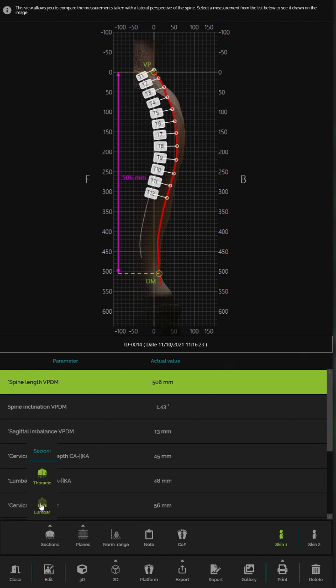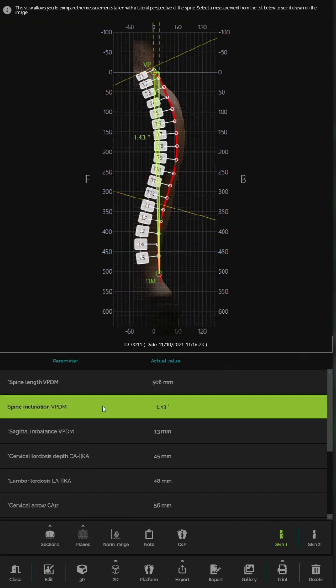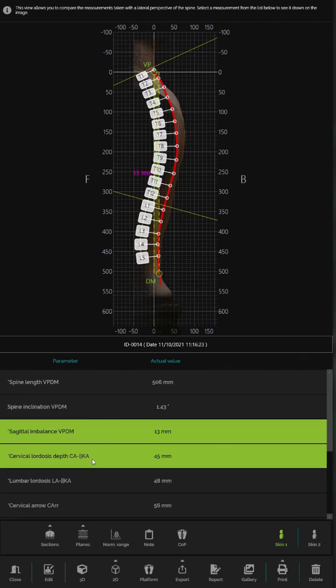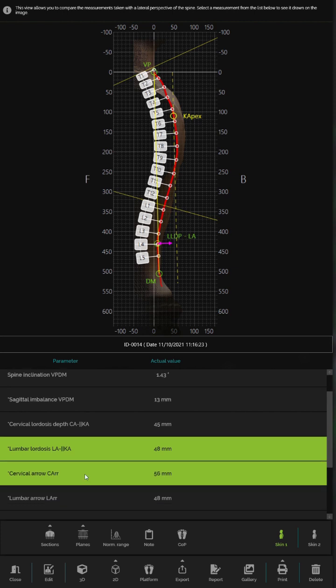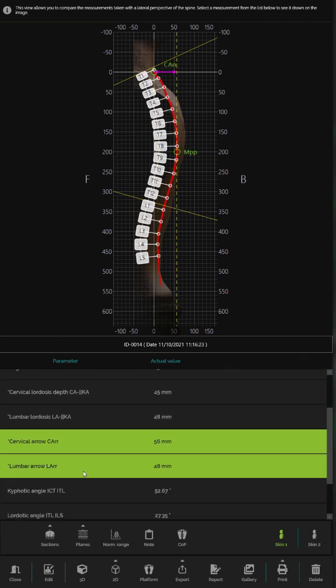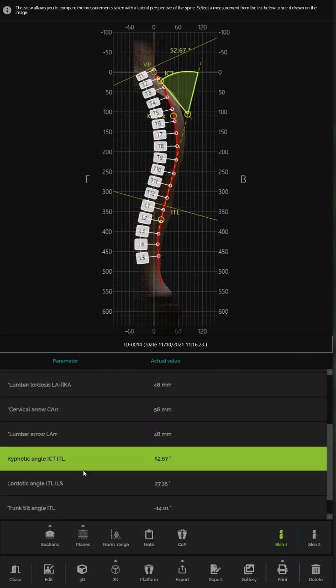Sagittally, you can see that he does actually have quite a pronounced upper thoracic kyphosis. A slightly increased upper thoracic kyphosis angle is demonstrated here.